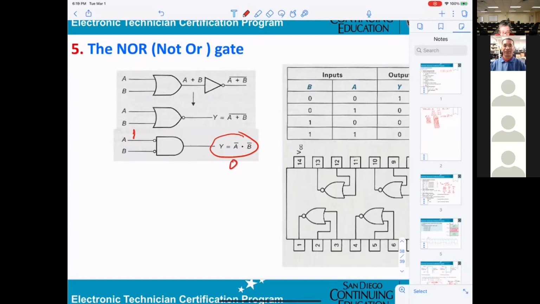You can recognize that: A equal 1, not A equal 0, and 0 and with anything will be 0. So for this gate, in order for the output to be 1, then all the inputs must be 0.